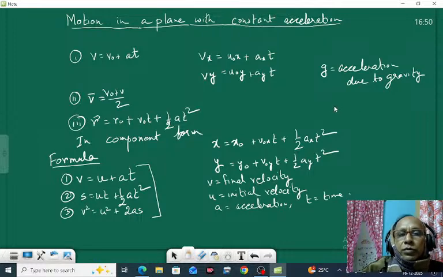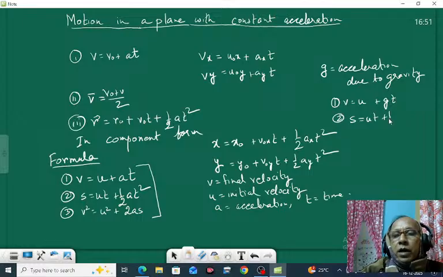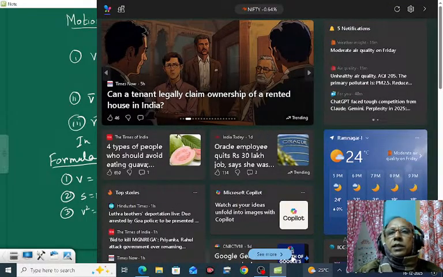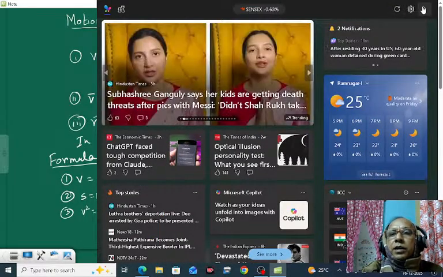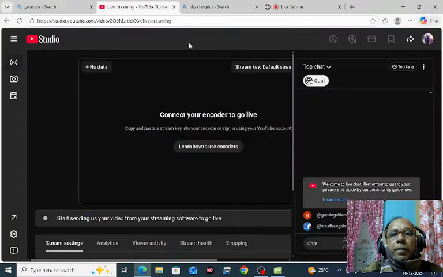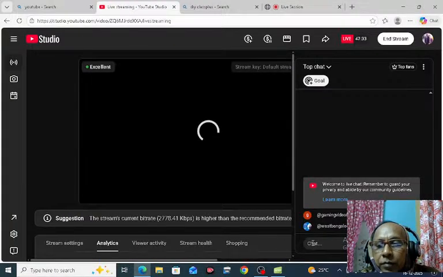That is, we can write v is equal to u plus gt, number 2, s is equal to ut plus half gt square, and the third one can be written as v square equal to u square plus 2gs, where g is the acceleration due to gravity.